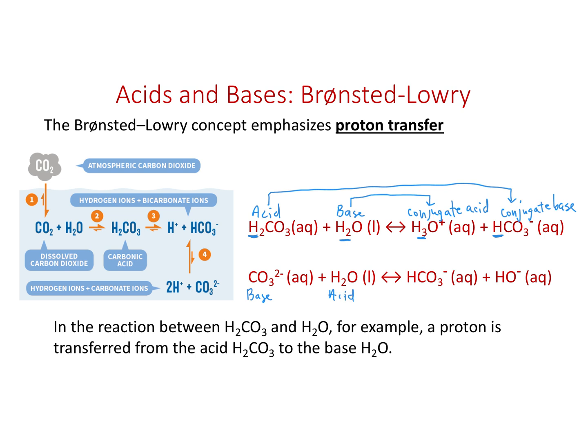So that would make bicarbonate the conjugate acid, because in the reverse reaction, it's going to donate a proton to form carbonate. And then if water is my acid, in the reverse reaction hydroxide needs to be my conjugate base, because it's going to accept a proton in the reverse reaction.